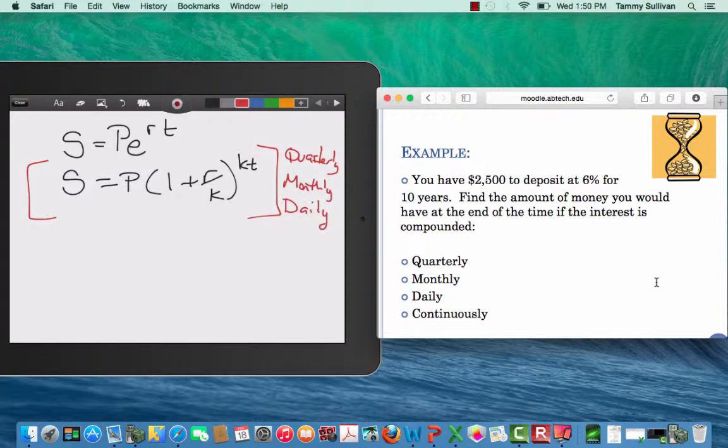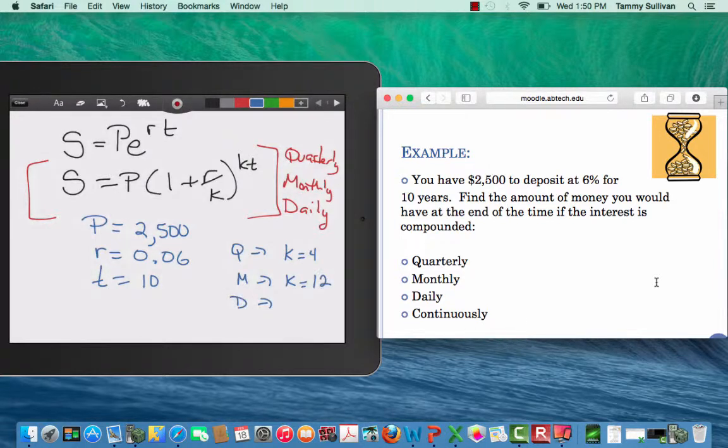So when I go through and use this formula for all three of these, my present value, or the amount I'm putting in the bank, is $2,500. My rate is at 6%. My time is 10. And then the thing we're going to have to be careful with, when it's quarterly, your K will be 4. When it's monthly, your K will equal 12. And when it's daily, your K will equal 365 or 360.